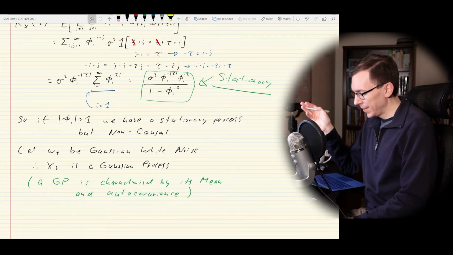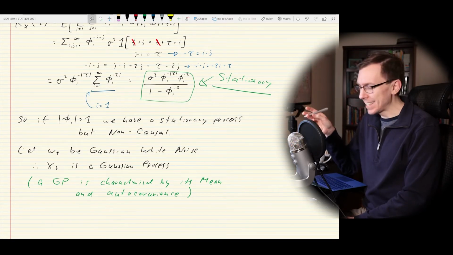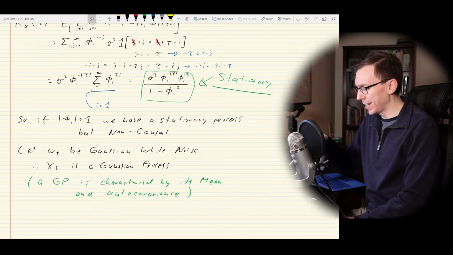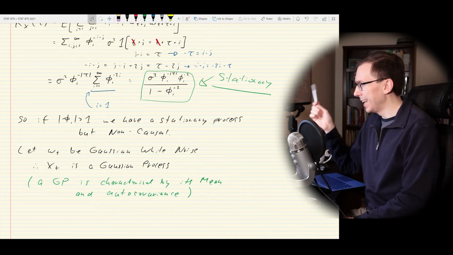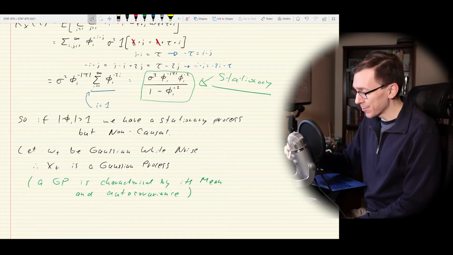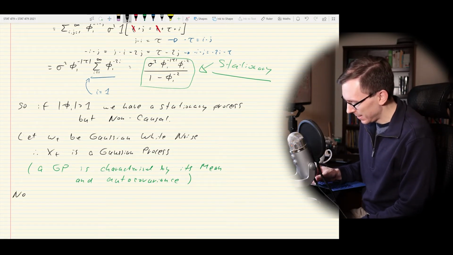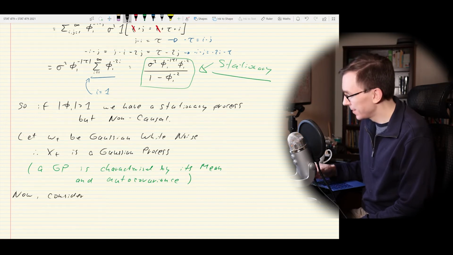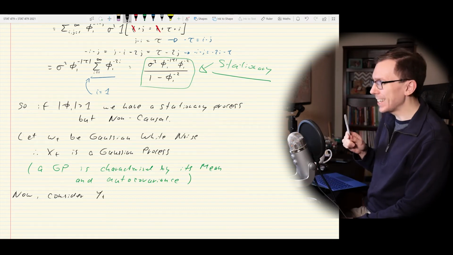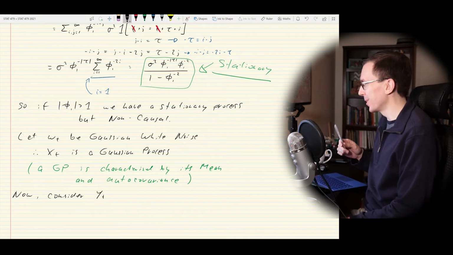So is there another process that has the exact same autocovariance as that big green one? The answer is yes, and we're going to write it down. So let's now consider Y_t. And there really is a statistical reason why we're going through all this.